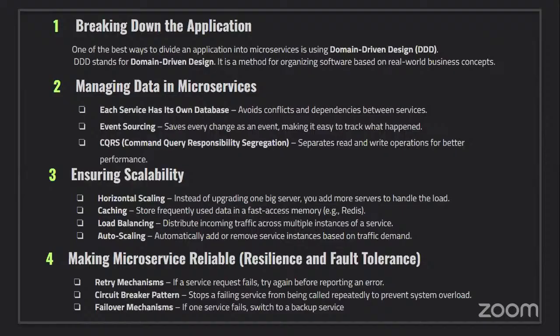But you have a circuit breaker to stop that service when it is not responding, to prevent system overload. The failover mechanism is the last point here. If one service fails, you switch to a backup. Ensure that you have a backup when you are adopting this microservice approach.